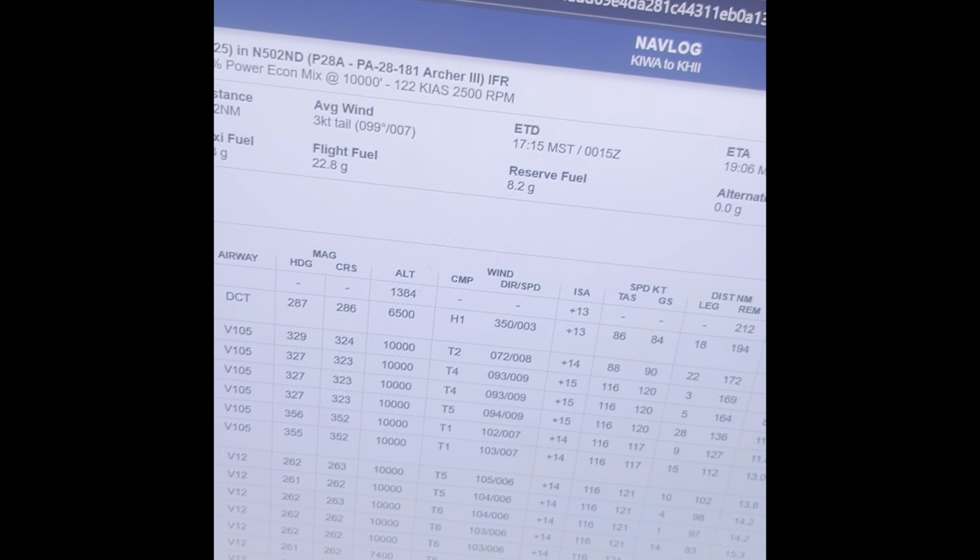Now I'm not subtracting the total 39 minutes because I added in that extra 15 minutes and 2.5 gallons for the approach, but that's not included in this total time. So I'm gonna do 111 minutes minus 25 minus 24, and that will give me my total time en route.